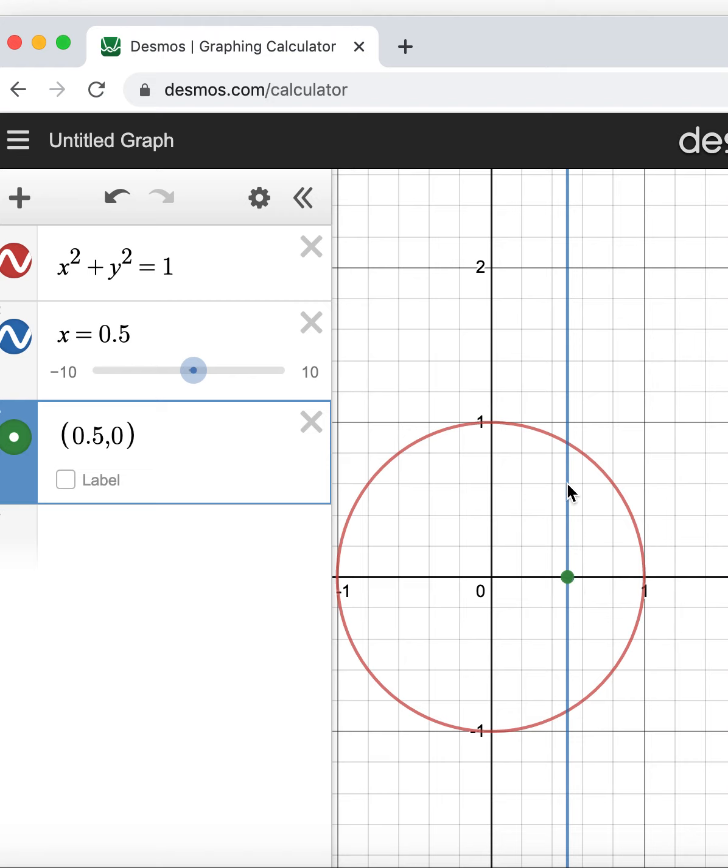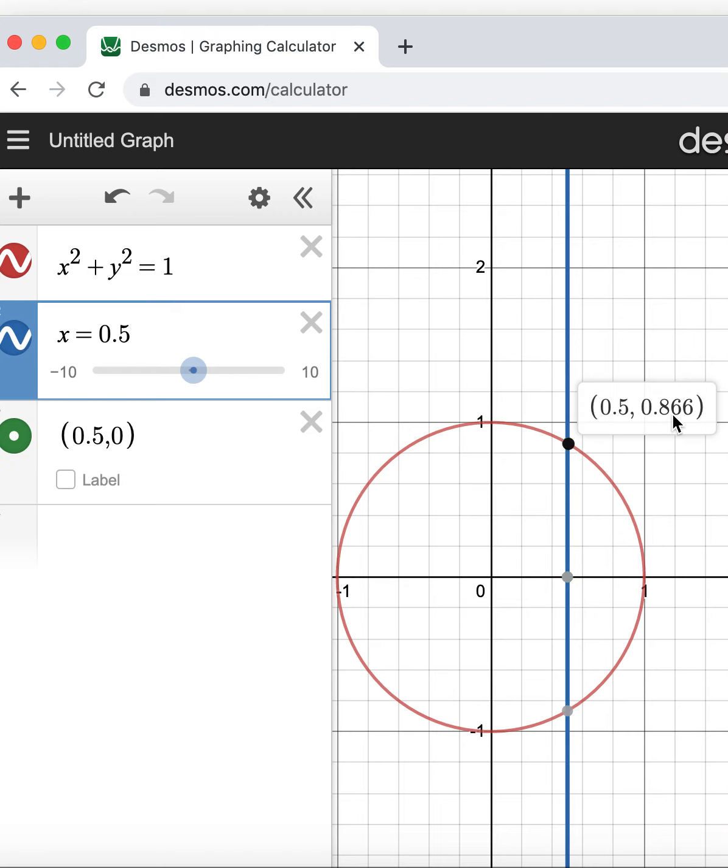Well, we can see that the vertical line intersects here at about 0.866, and it also intersects down here at negative 0.866. What that means is that there would be more than one output. And you can't have that in a function. That's the problem. So this curve, the circle, is not a function.